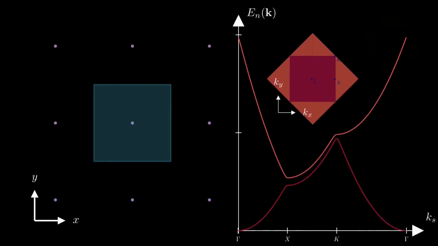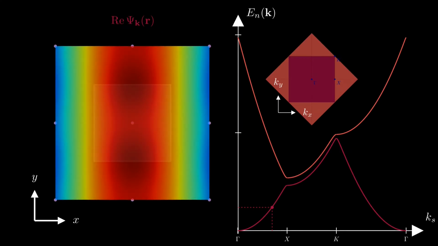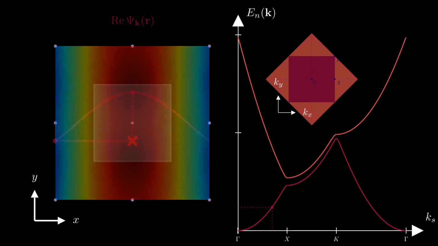Let's look at the first two bands again and choose one point randomly in the first band to display its real part. The solution is unsurprisingly close to a sine wave varying along the x-axis. As anticipated, psi does not have the periodicity of the crystal.